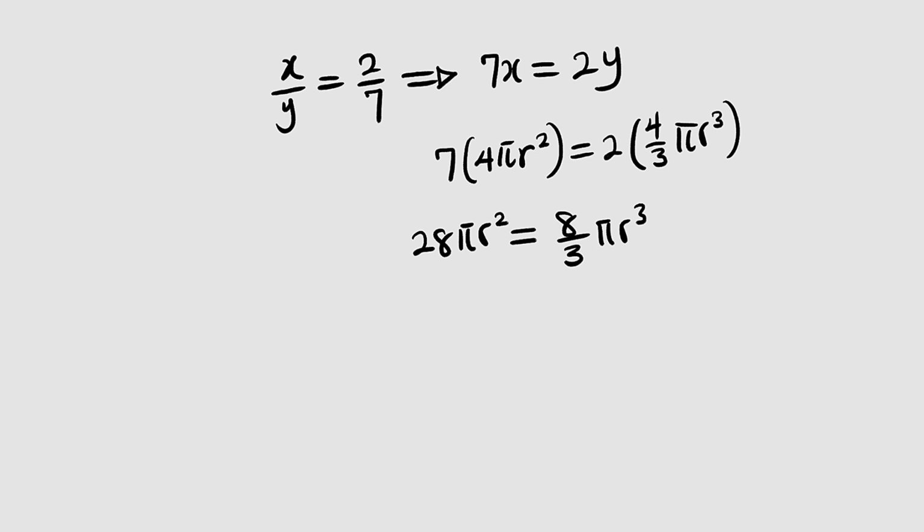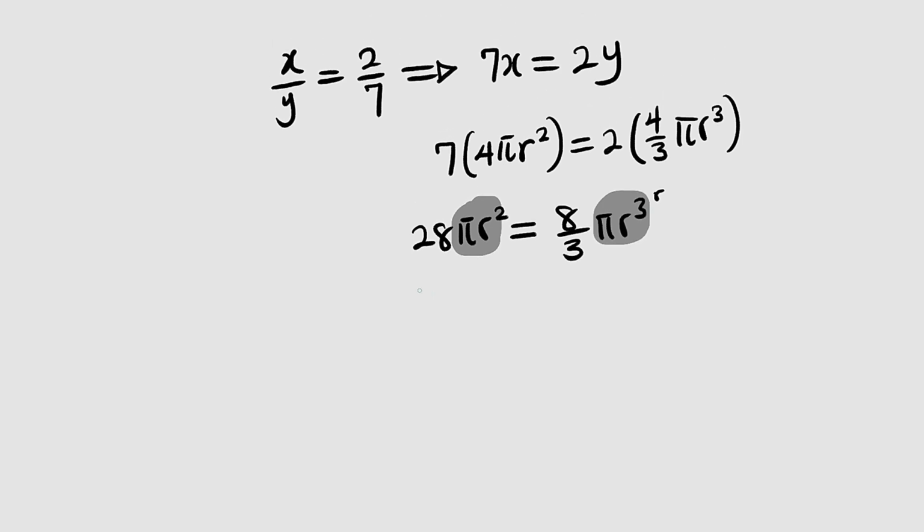So let's perform a cancellation here. You can see pi r squared can be cancelled from here, leaving only r. So we have a single r left here. Therefore, to the left we have 28, and to the right we have 8 divided by 3 r.